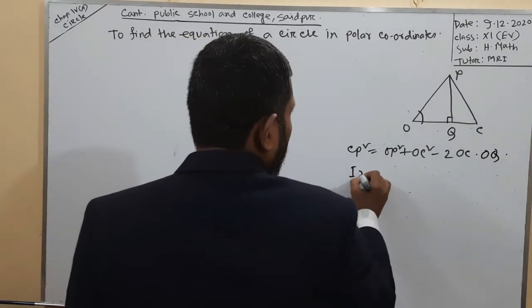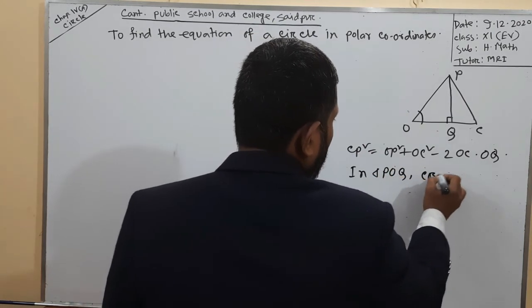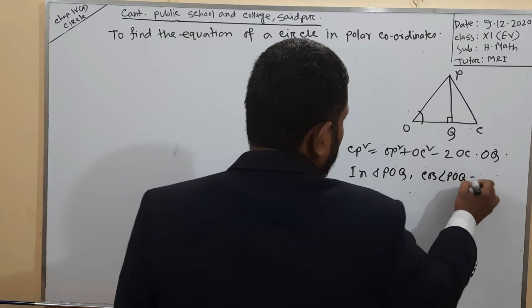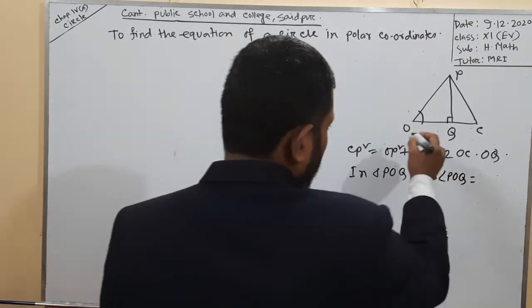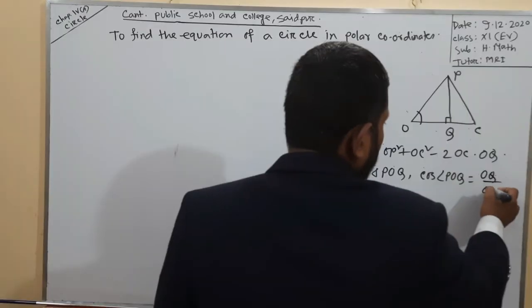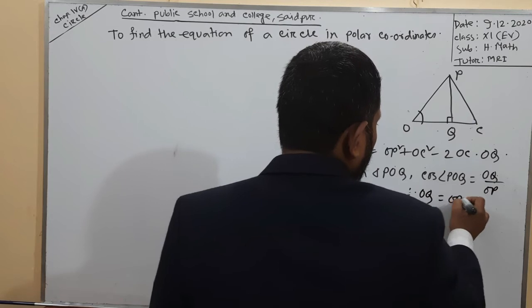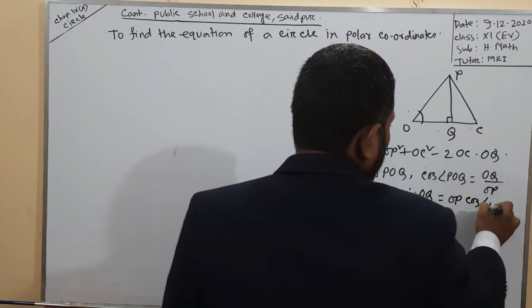In triangle POQ, we know cos POQ is equal to base by hypotenuse, here base OQ and hypotenuse OP, that is OQ is equal to OP cos POQ.